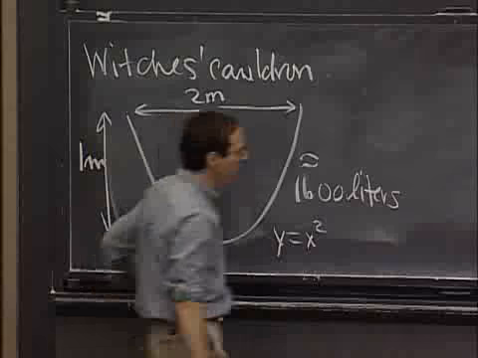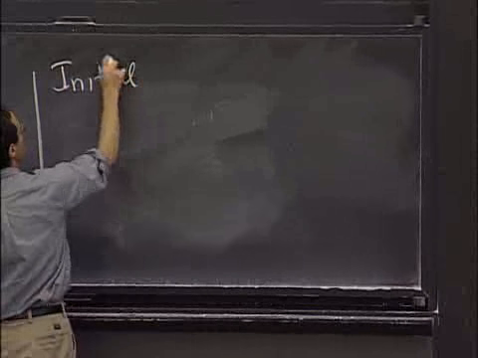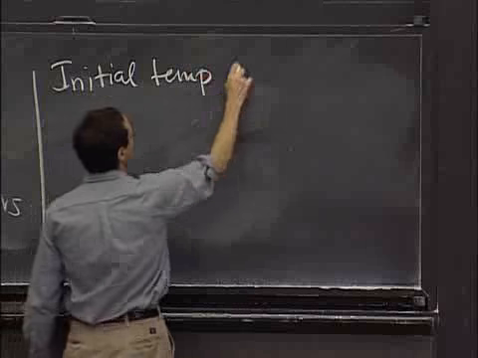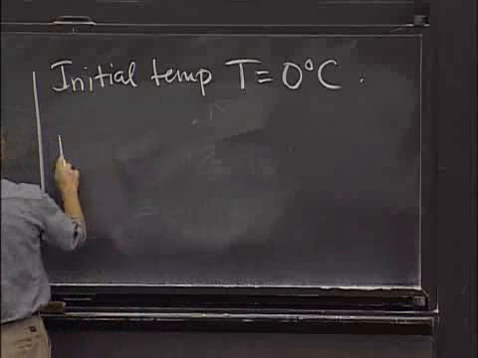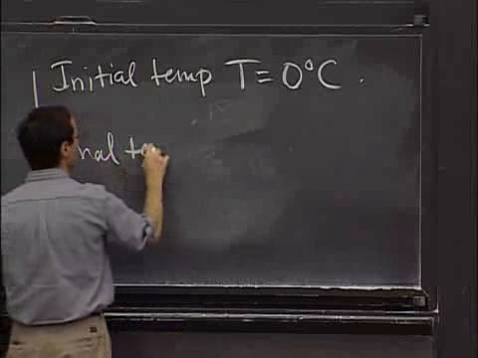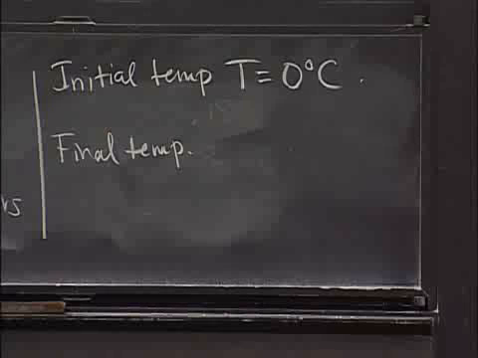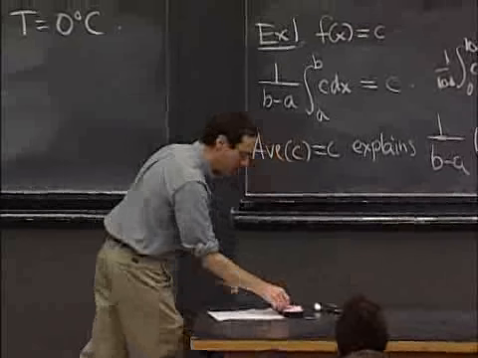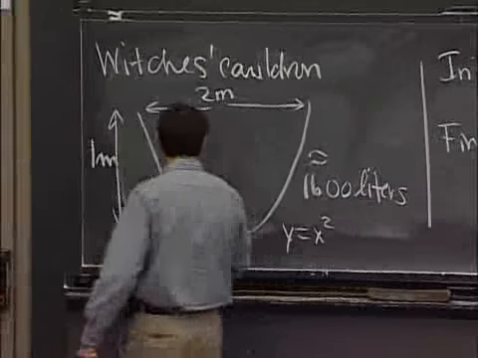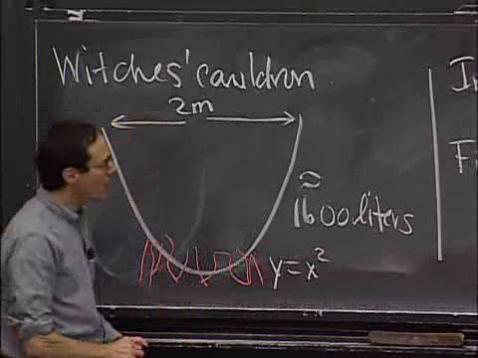And the situation that I described at the end of last time was that the initial temperature was T equals 0 degrees Celsius, and the final temperature, instead of being a constant temperature, we were heating this up from the bottom, and it was hotter on the bottom than on the top.